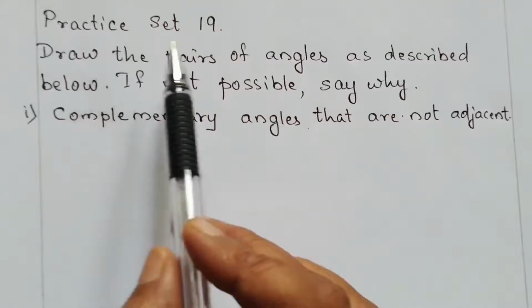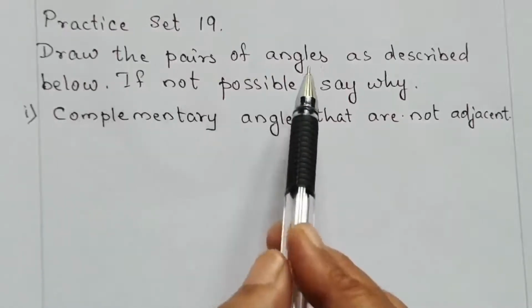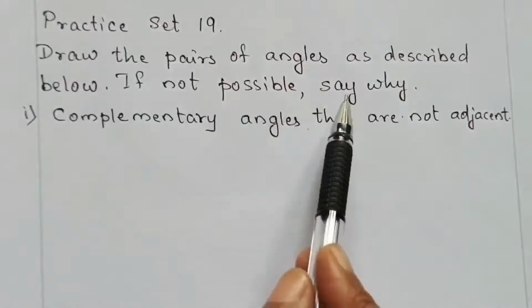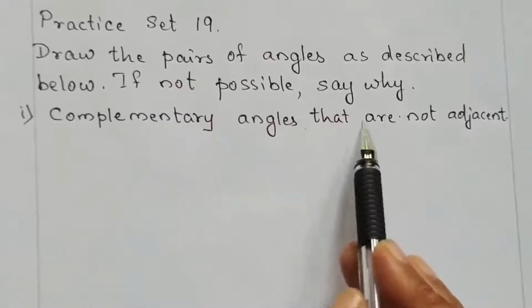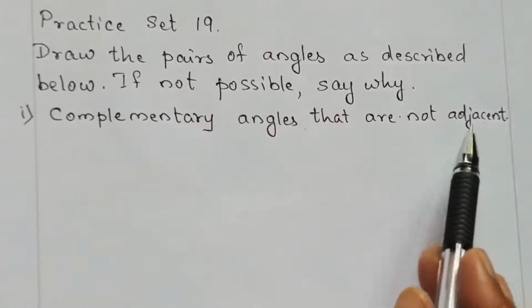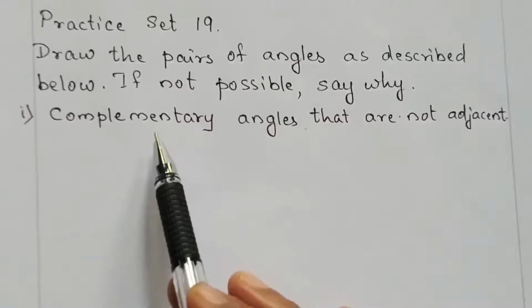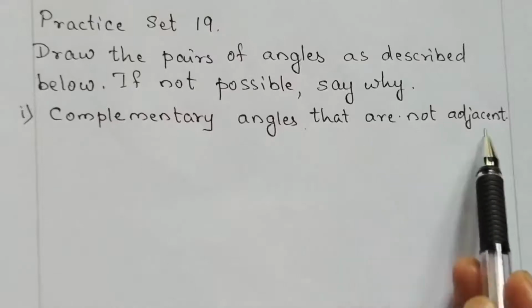Now practice set 19. The question is, draw the pairs of angles as described below. If not possible, say why. First question, complementary angles that are not adjacent. Now here you have to draw two different angles, because the angles should not be adjacent.